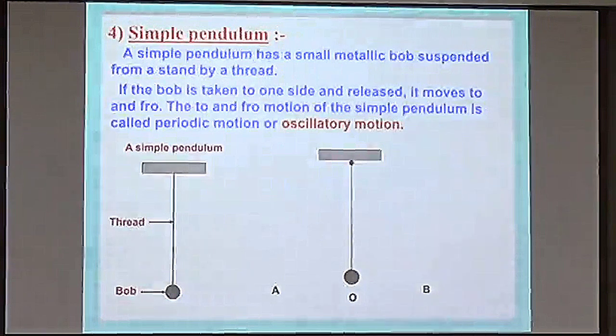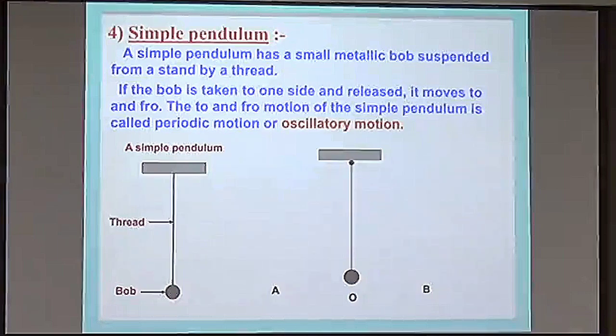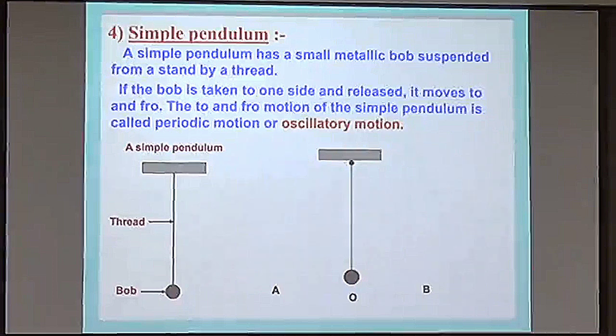Another simple instrument is the simple pendulum. A small metallic ball which is tied with a thread and hung on a stand is called a simple pendulum. As you can see in the figure, a ball tied with a thread is a pendulum.